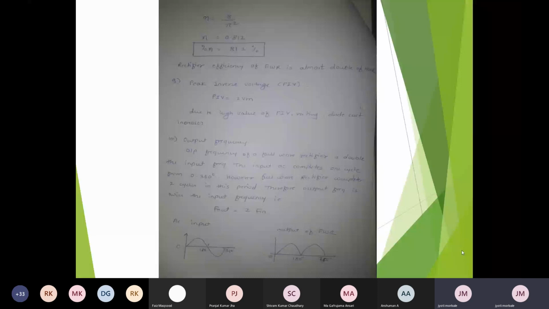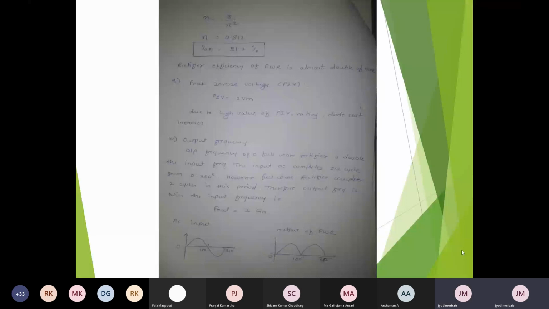Peak inverse voltage का भी definition same ही है. This is the maximum reverse voltage handling capacity of the diode. For half wave rectifier, PIV was Vm. For full wave rectifier, the PIV is twice of Vm. एक्चुअली ये इसका एक डिसएडवांटेज हो गया फुल वेव रेक्टिफायर का, कि हमें डायोड का इतना कैपेसिटी चाहिए कि वो डबल वोल्टेज हैंडल कर सके.